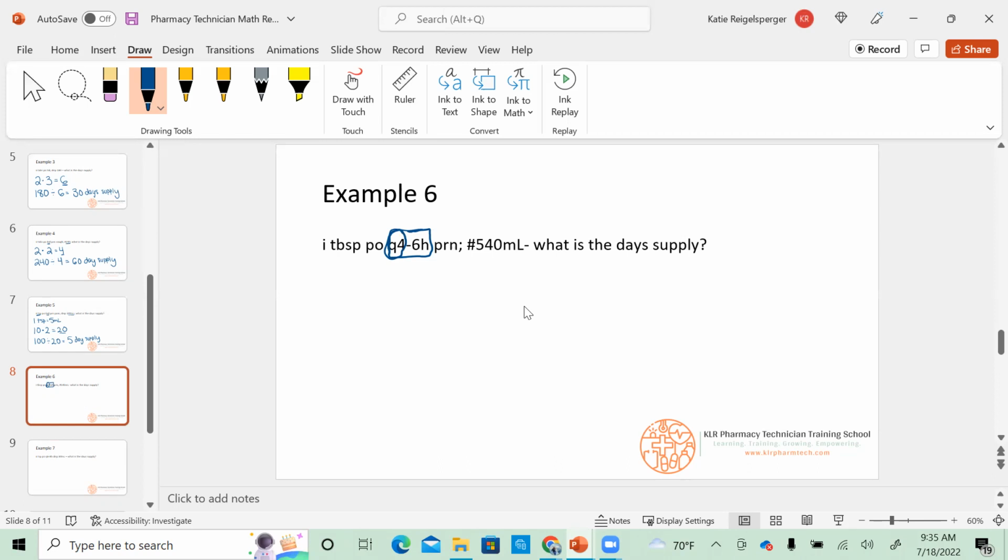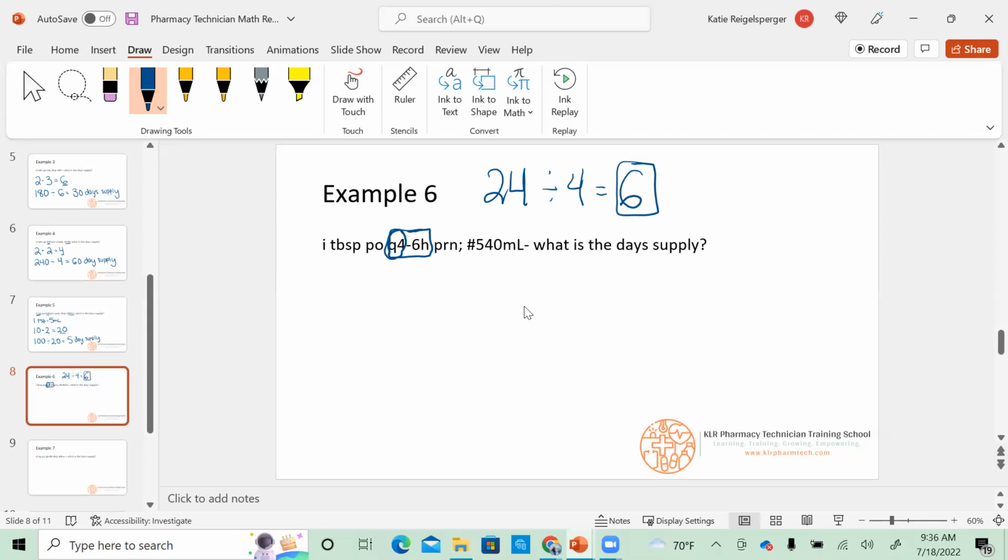It's not 4 times a day, it's just every 4 hours. So to figure that out, we are going to divide the number of hours per day by 4. There are always 24 hours in a day. We're going to divide that by 4. 24 divided by 4 is what? 6. So now we know that it is 6 times a day that the patient takes this medication.